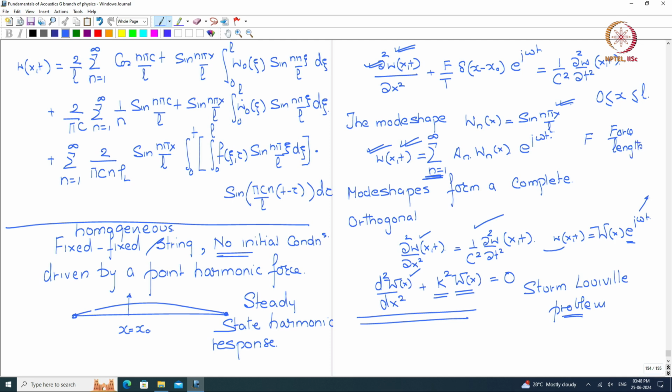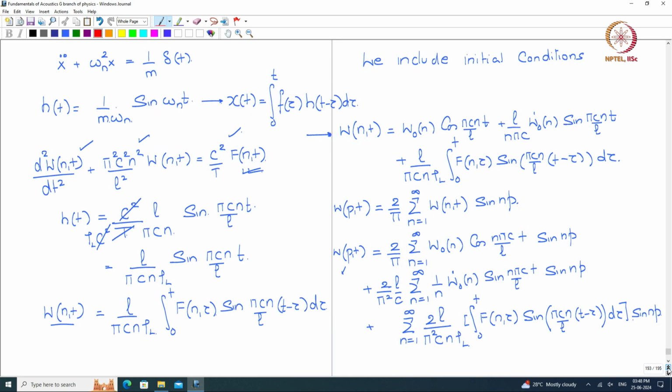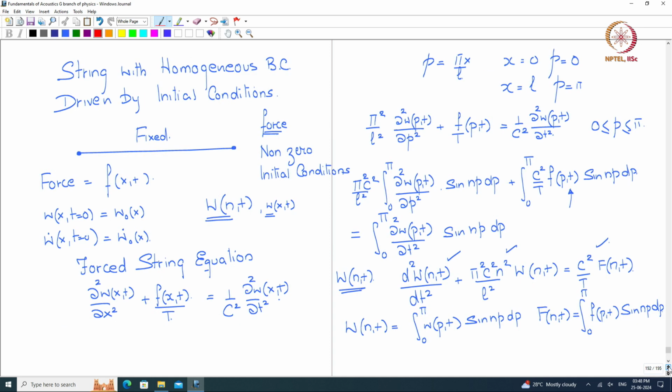So if you just put this expression f, as we did for the earlier case, this force has to be force per unit length.